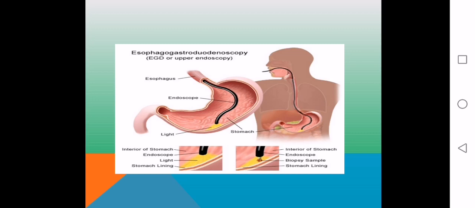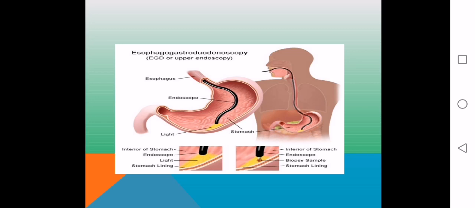Here we have a picture of a stomach that is being explored by an endoscope. We can see that the endoscope was inserted through the mouth and keeps going until it reaches the stomach.